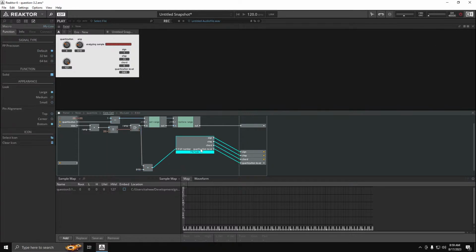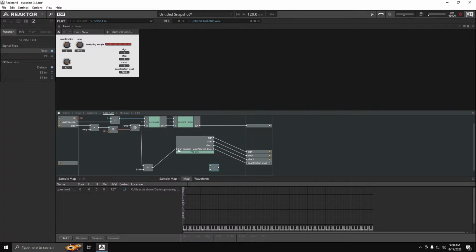So, this might take some time. I'd have to go through every sample in here. Because the quantization level is only positive, I'll have to multiply back by the sign. Well, to convert it back, I would have to do, I'm just gonna call this mu mode.